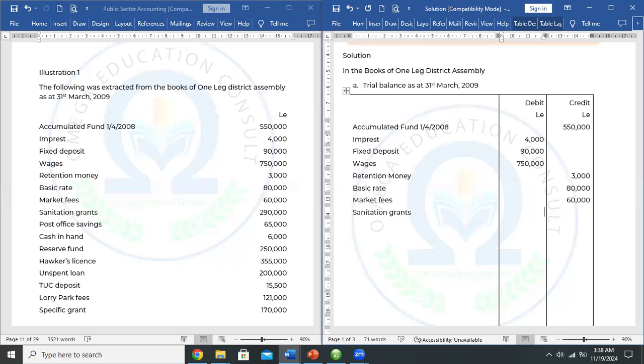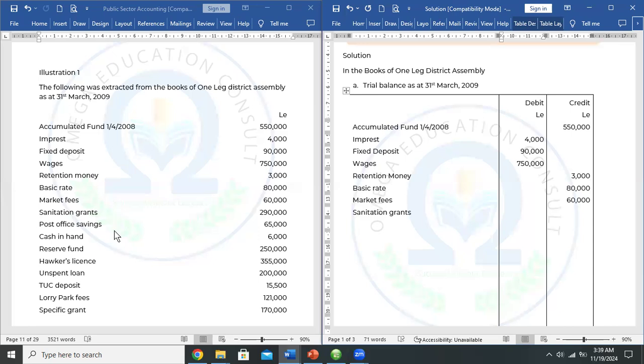That simply means they are giving them money to undertake a specific project or initiative or purpose. So here the purpose has been clearly stated, for sanitation. So this money is supposed to go directly into sanitation, right? So it is an amount of money received by the district to undertake a sanitation project.